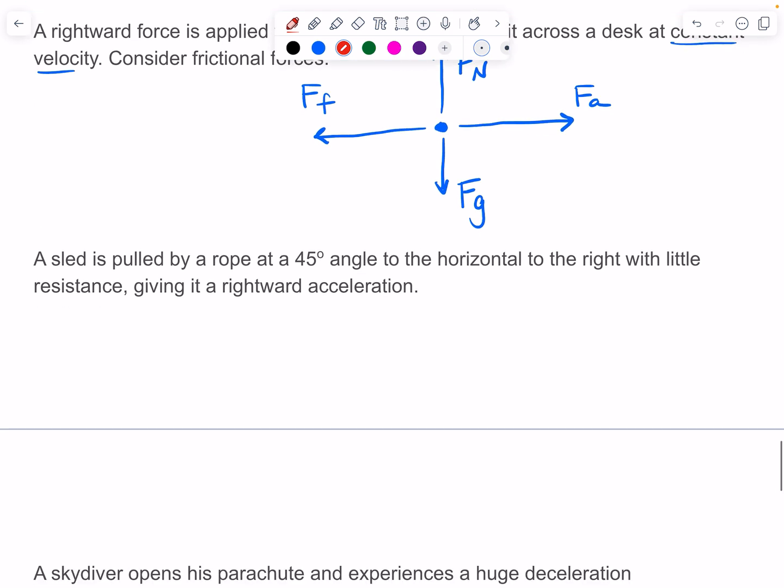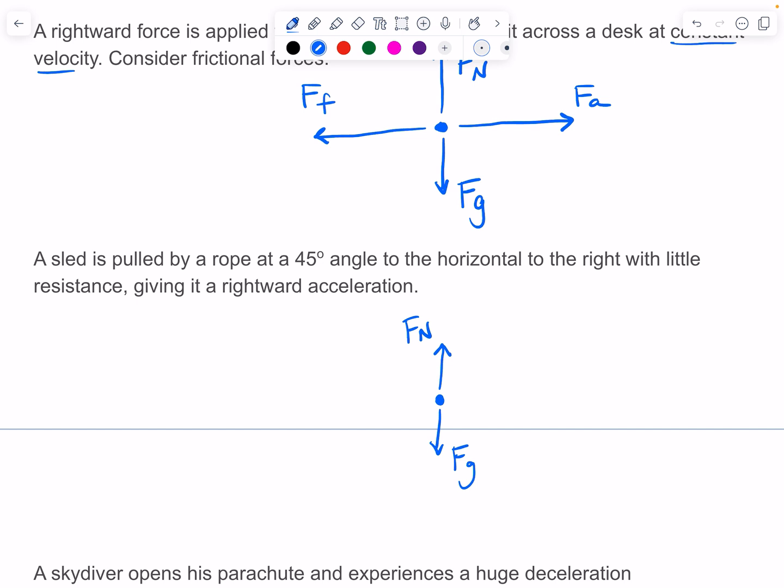Let's try another one. A sled is pulled by a rope at a 45-degree angle to the horizontal, to the right with little resistance, giving it a rightward acceleration. So let's say we have force of gravity always exists and always acts straight down, resting on a flat surface, so I know that normal force is also present.